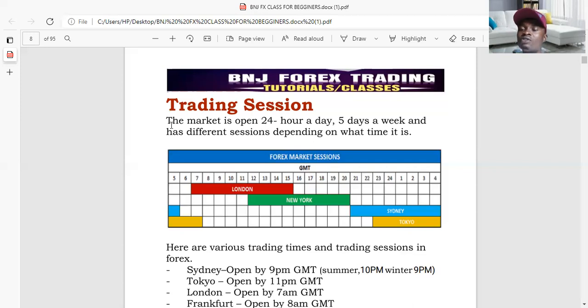Unlike those of us who trade volatility. Volatility doesn't have any session. You can trade volatility at any given time. So you must understand that the Forex market has different sessions.